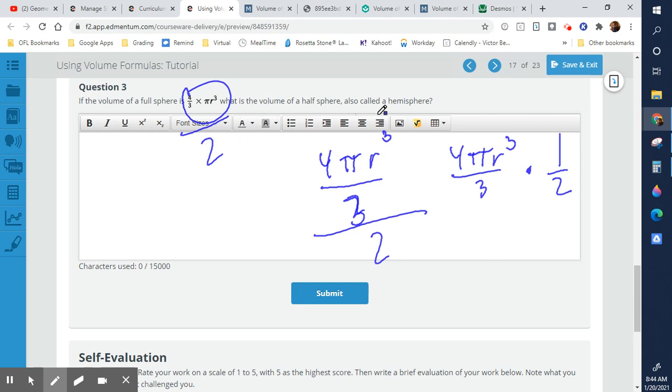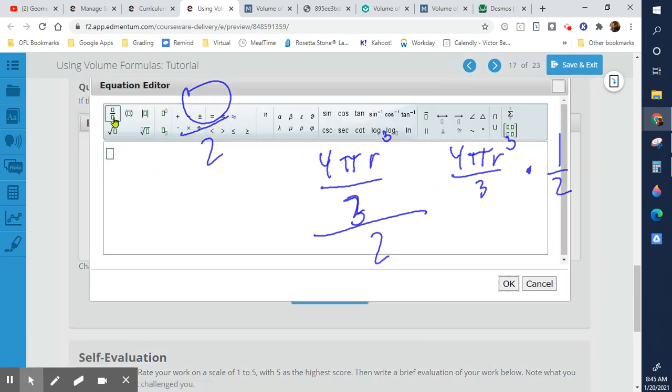What is the volume of a hemisphere? So you can write it like this. I recommend using the equation editor to do it. It's not as complicated as it looks. What you do is you do this, and on this, you're going to do a fraction again.